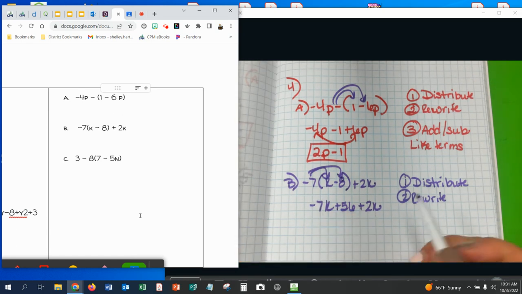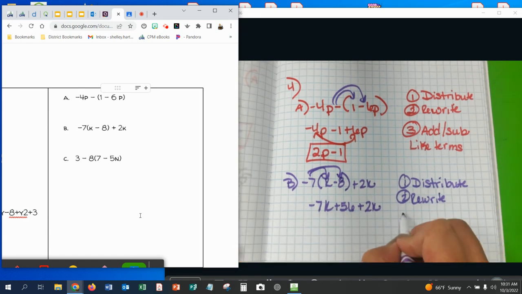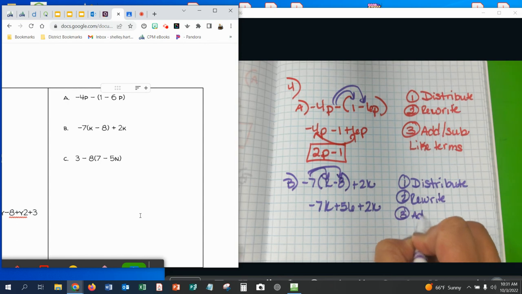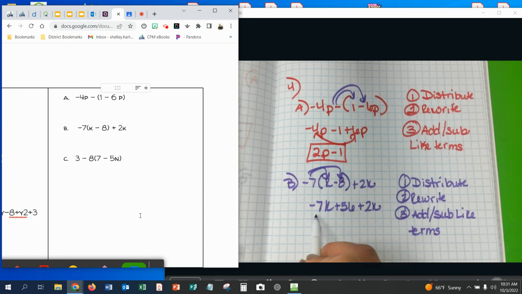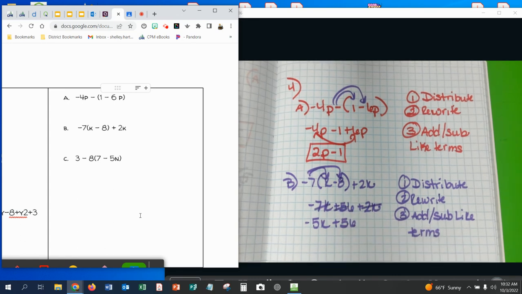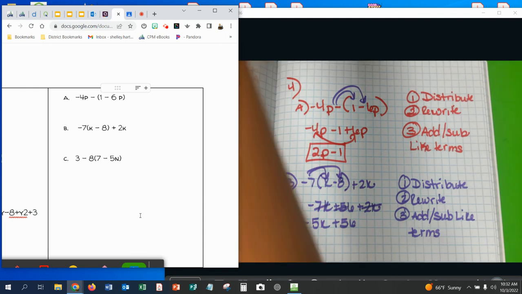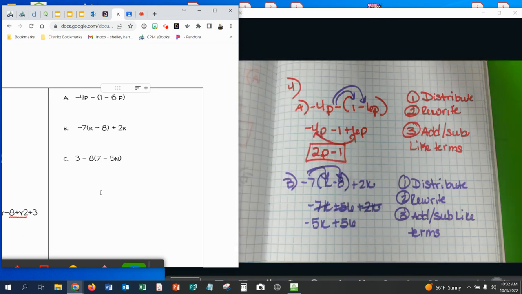So then I'm going to three, add like terms. Add or subtract, really. Minus 7 plus 2 is minus 5k plus 56 because there are no other terms. Okay, cool. Good. Questions so far? No? You're doing good? Good.